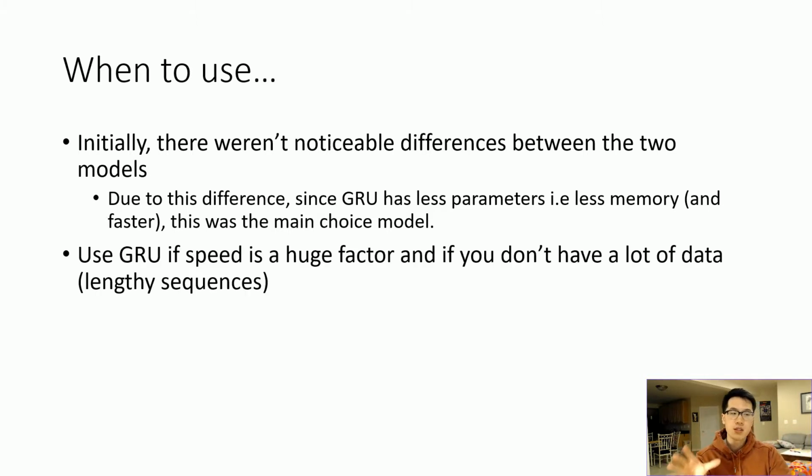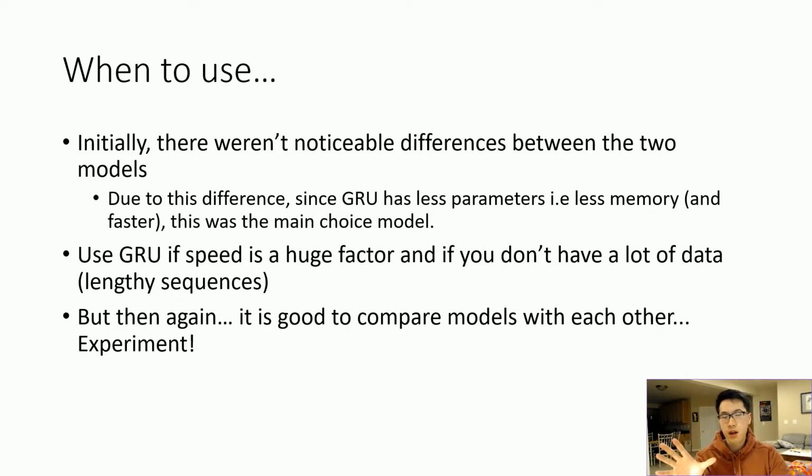However, it really just depends on the type of data that you're using, because based on what type of data you are using, the LSTM could prove better than the GRU and vice versa. So it's really on a case-by-case basis, and make sure you always compare the models with each other. This might not be ideal if you have huge models. That's why you just gotta subset it and work from there.